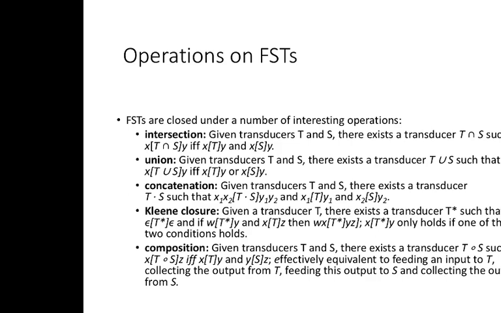It's just a loop basically, so it's an easy operation on the network, on the graph. So Kleene closure is not something that we will talk about, so you don't necessarily need to know about it. It's just listed there for completeness, so you know these are the closure properties of FSTs.